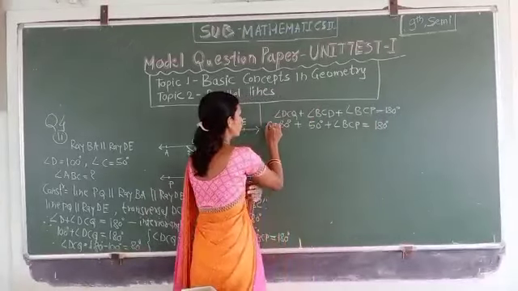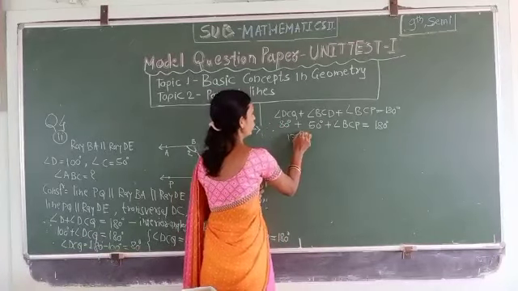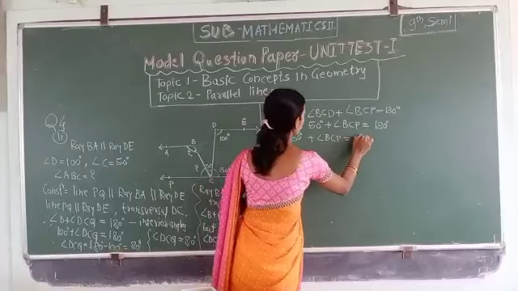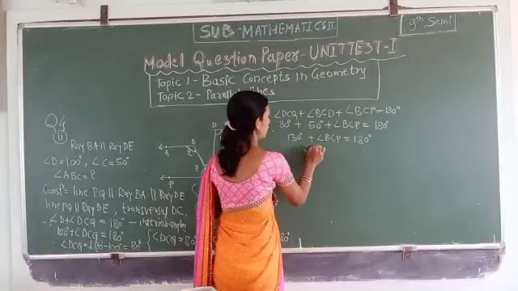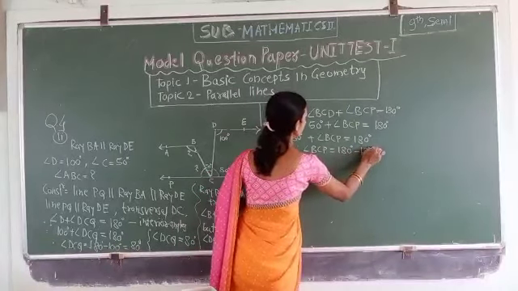Therefore, here 80 plus 50, that is 130 degree, plus angle BCP is equal to 180 degree. Therefore, angle BCP is equal to 180 degree minus 130 degree.